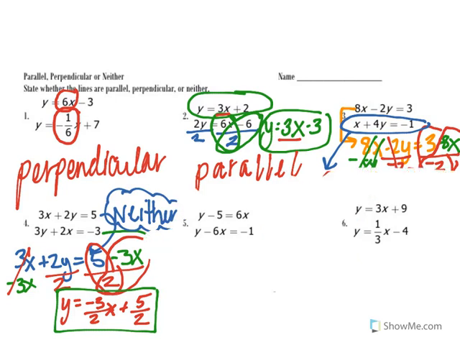To make more room, I erased some of my answer for number 4 and 3. Number 5 is pretty easy to get the y by itself. All I'm going to do for number 5 is add 5. And then I get y equals 6x plus 5.